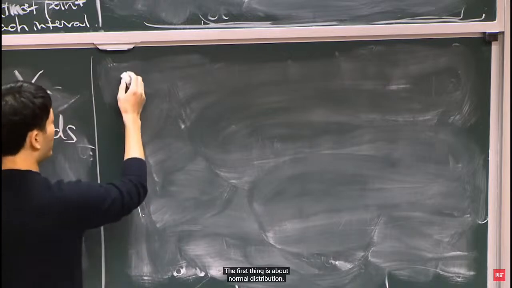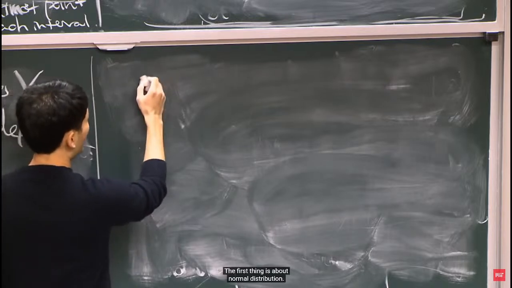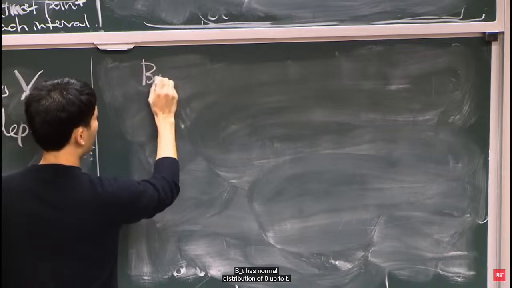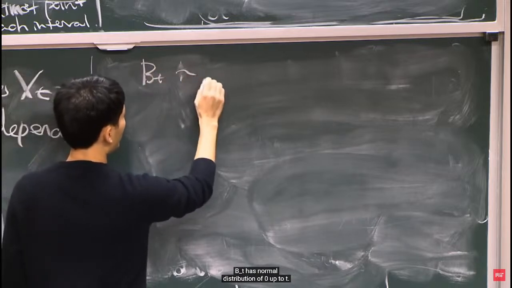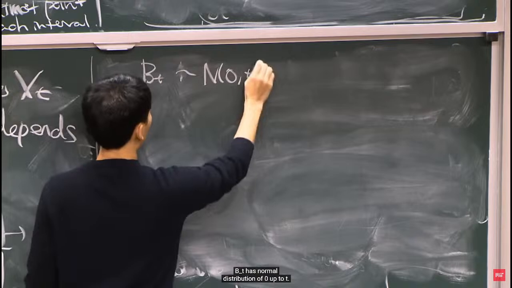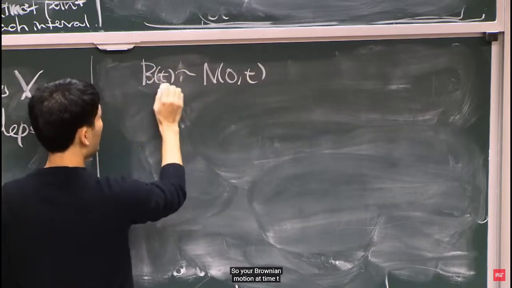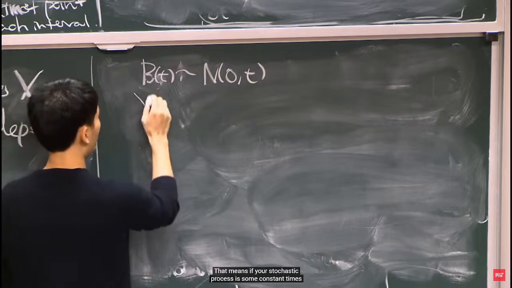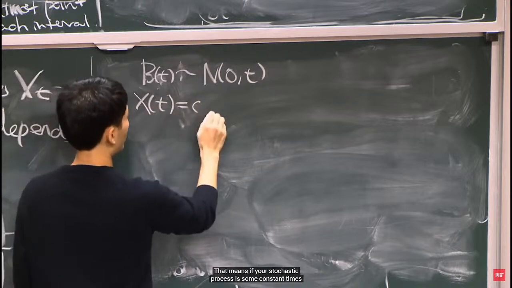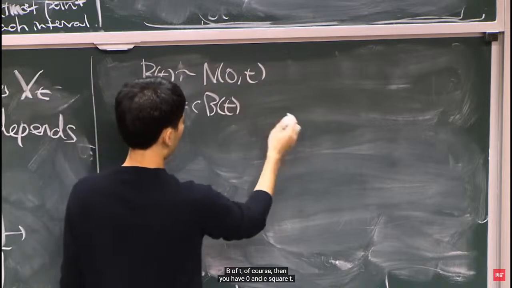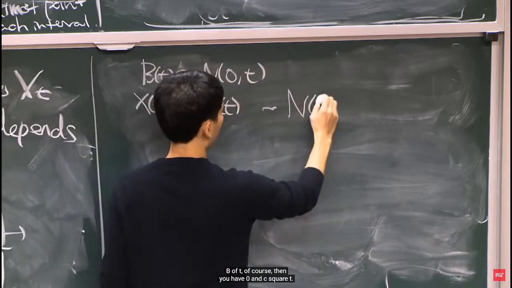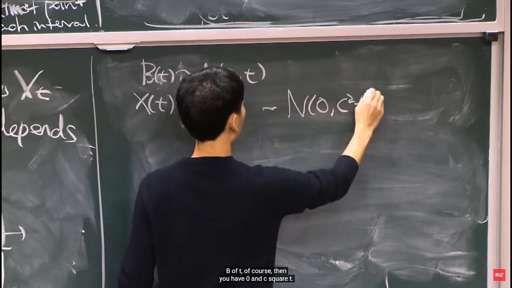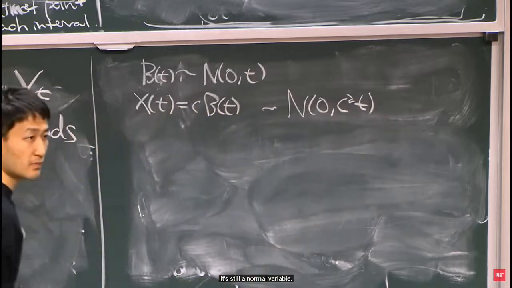The first thing is about the normal distribution. Bt has normal distribution with mean 0 and variance t. So your Brownian motion at time t has normal distribution with 0 and t. That means if your stochastic process is some constant c times Bt, then you have 0 and c squared t. It's still a normal variable.